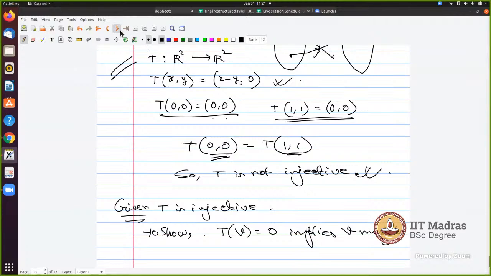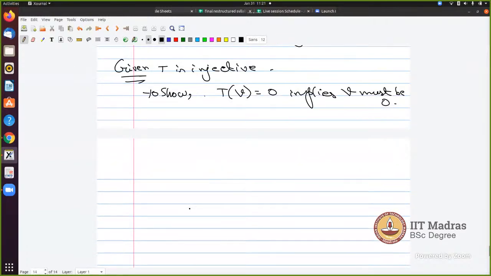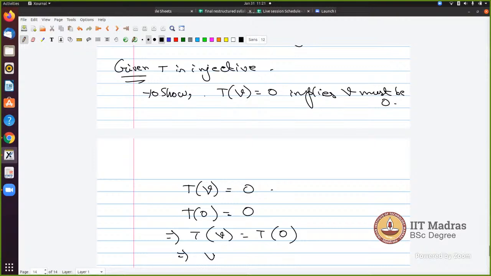This is the first thing we have to show. So T(V) equal to 0, I want to show that V must be 0. This is quite straightforward. T of 0 is also 0. So T of V is T of 0. As T is injective, V must be 0. So this question is clear, right?